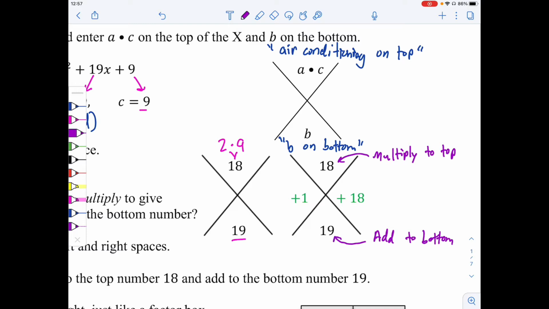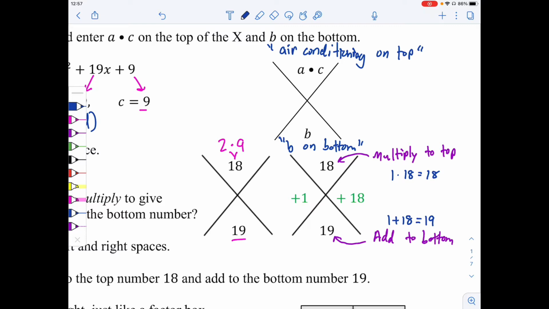So two factors that multiply to the top, add to the bottom number. So this one we have 1 times 18. That one works because 1 times 18 equals 18. It multiplies to the top. And on the bottom, 1 plus 18 adds to 19. So that one works. All right, so multiply to the top, add to the bottom.